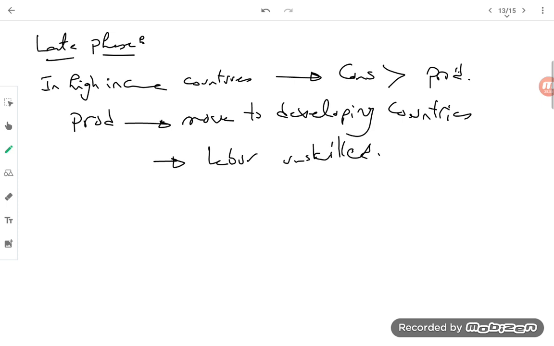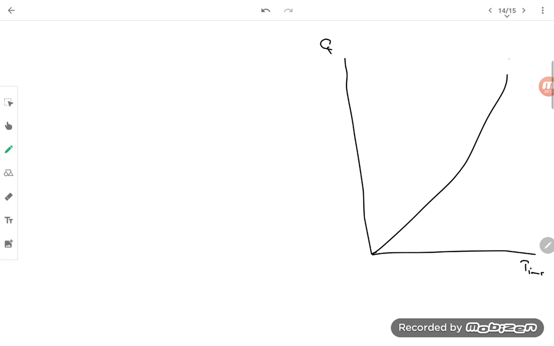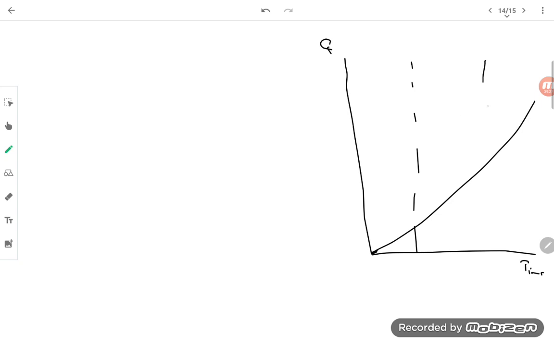What about the case of low-income countries? This is consumption. And this is production.